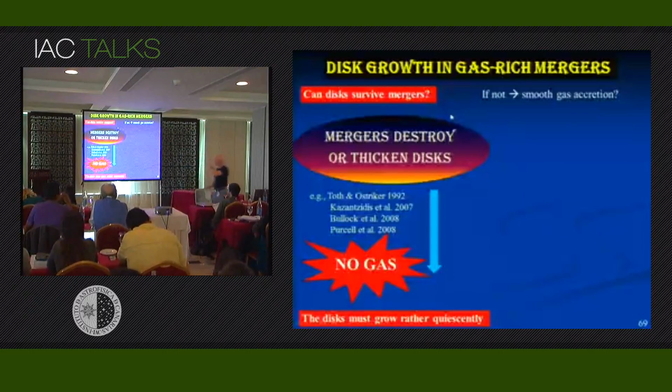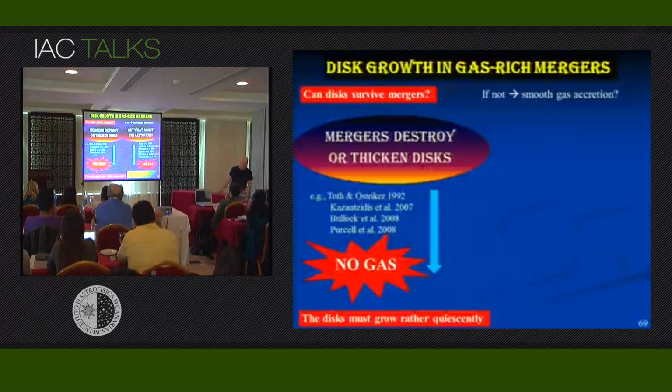The gas-rich mergers, not just wet mergers, but the gas-rich mergers. And the $100 question, and after addressing this, I will finish. Do they destroy the galactic disks, or make them thicker? There are two opposing views on this, and I listed the most known names in the left category.